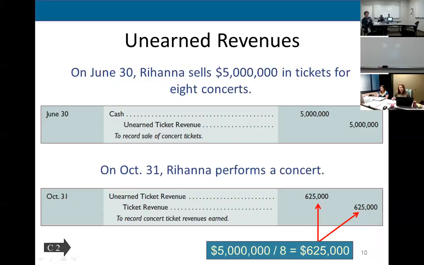Now, on October 31st, she performs a concert. We must now pull that amount out of unearned ticket revenue and report it as ticket revenue. So here we are reporting that we have earned or satisfied this service.